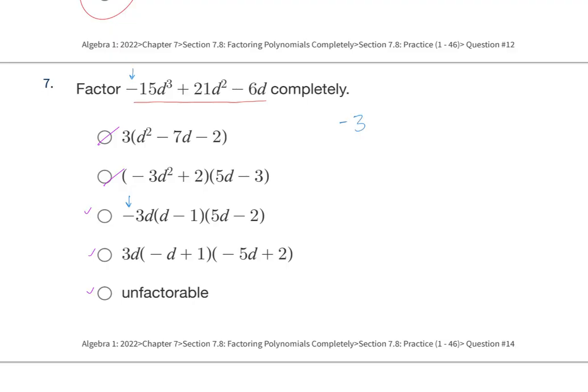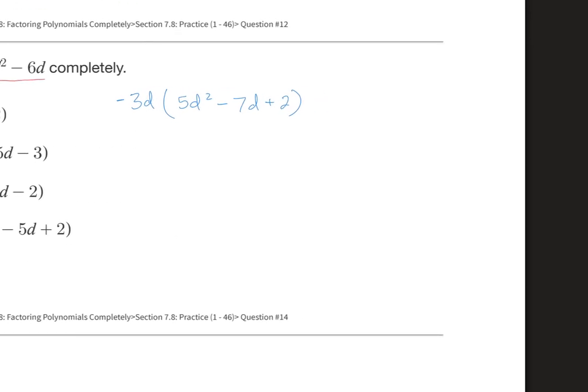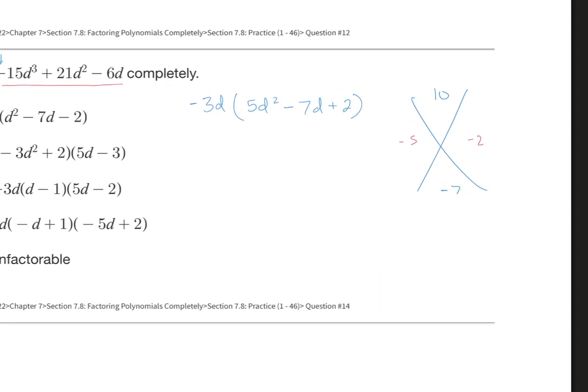I'm going to factor out a negative 3d, and I get positive 5d squared minus 7d plus 2. And now we can try factoring this further. 5 times 2 is 10, and that's negative 7. We could have negative 5 and negative 2. Sounds like that's a winner.